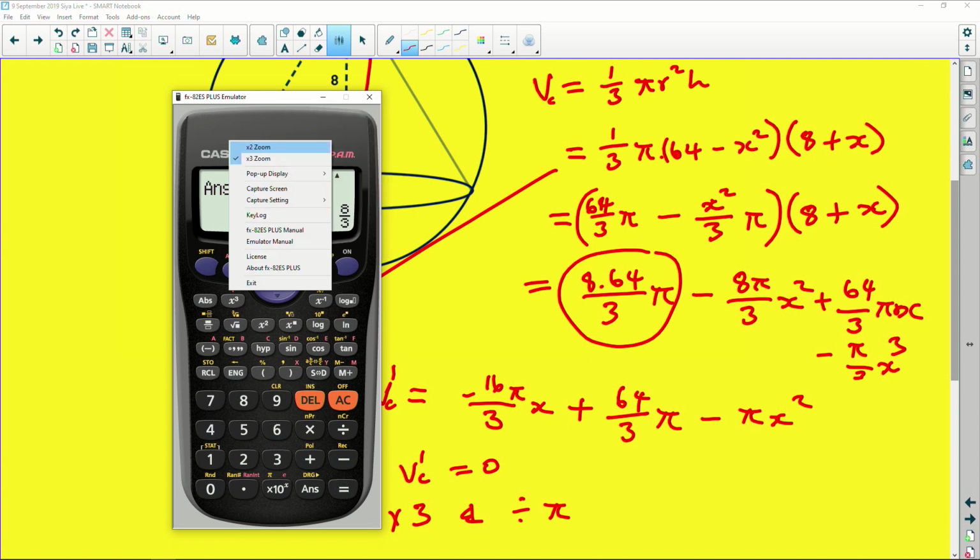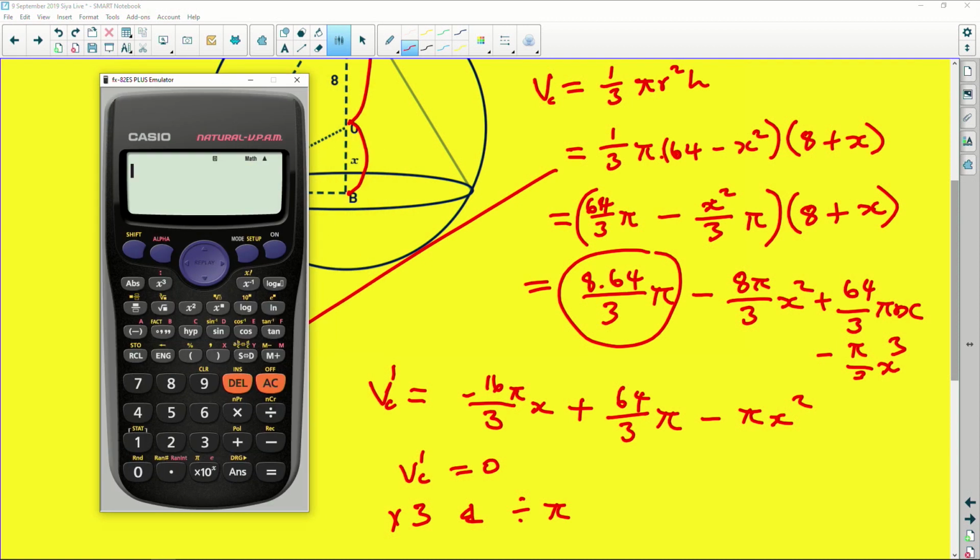So if this is 8 over 3, I will then do the following to complete this. It will be 1 over 3 multiplied by pi, close bracket, into 64 minus my x there, which we said was 8 over 3, all squared, and then into 8 plus 8 over 3, and then close bracket, equals.